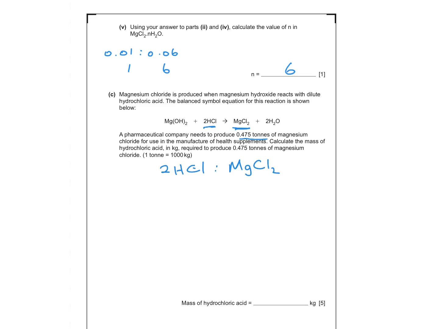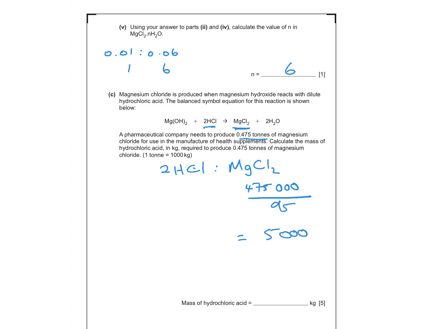Now I need to turn that into grams, because when you're working out moles, it's always the mass in grams that you use. To turn tons into grams, you multiply by 1,000,000, 1 times 10 to the power of 6. So that's going to be 475,000 grams. Divide that by the RFM of magnesium chloride, and that equals 5,000. That's 5,000 moles.